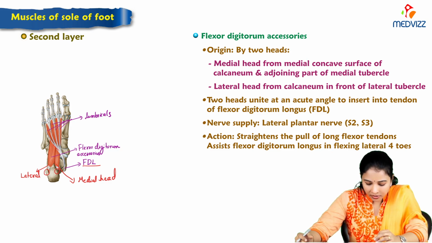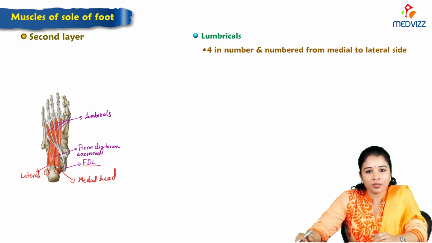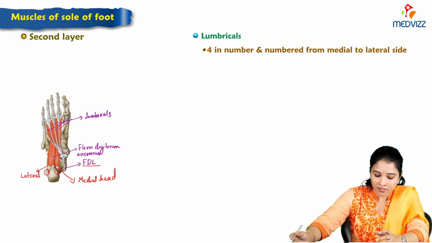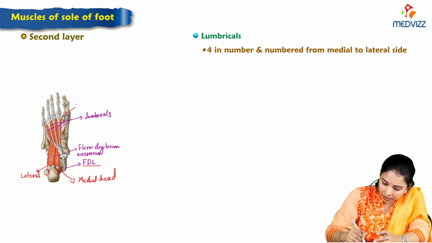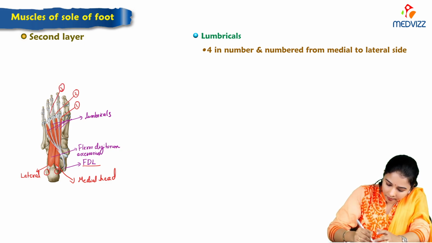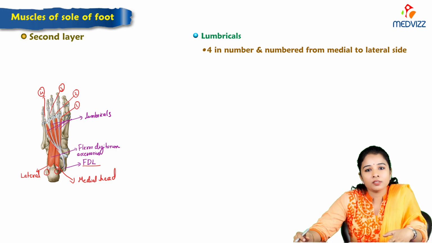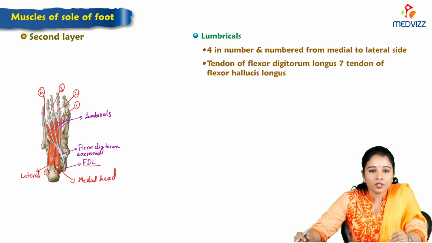The other muscles which we can see in this layer are the lumbricals. There are 4 lumbricals. The 4 lumbricals are numbered from medial to the lateral side. So this is the first lumbrical. Here is the second, third and fourth. So these lumbricals are along with the tendon of flexor digitorum longus and flexor hallucis longus.